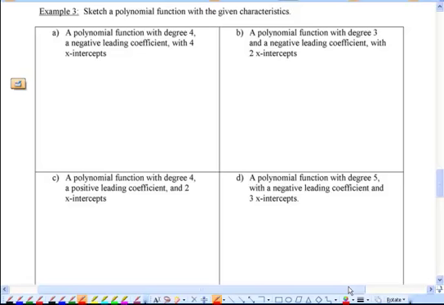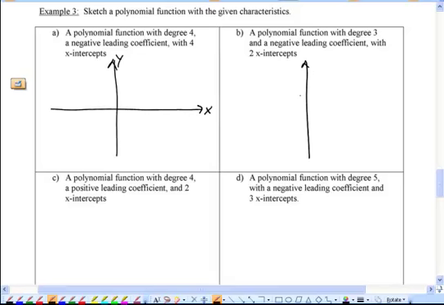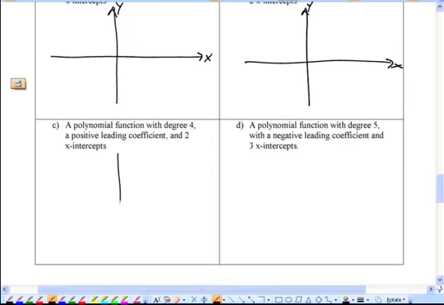So let's take a look at what data we have here and see if we can come up with a sample sketch. I'll draw the axes for all of them first. And remember, these are sketches, so they don't have to be exactly accurate, and there may be more than one answer.